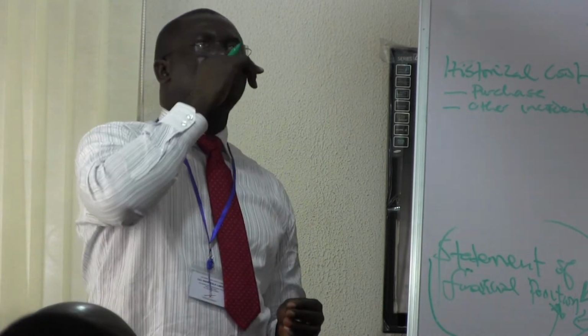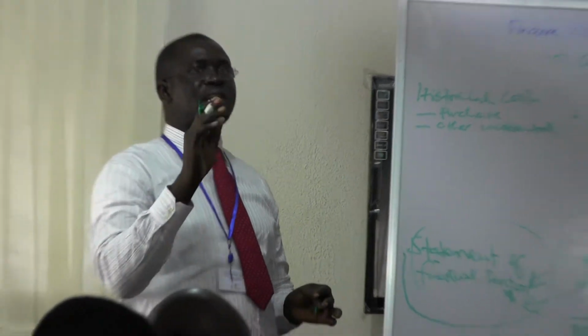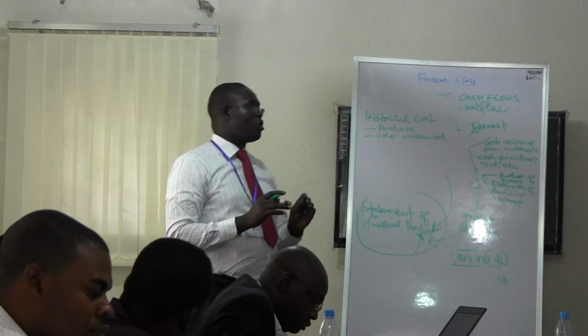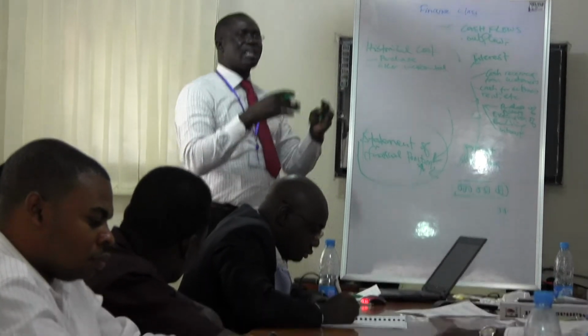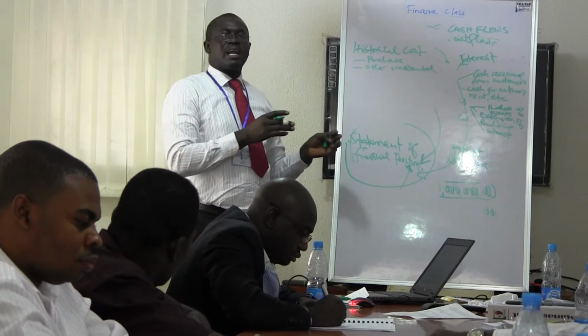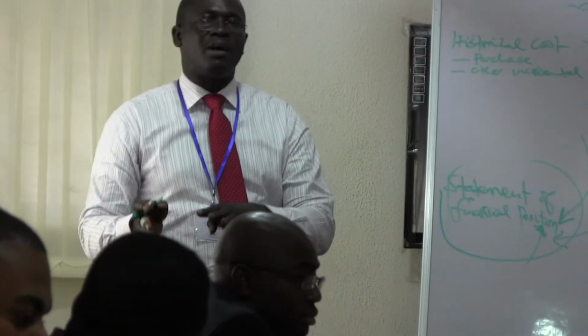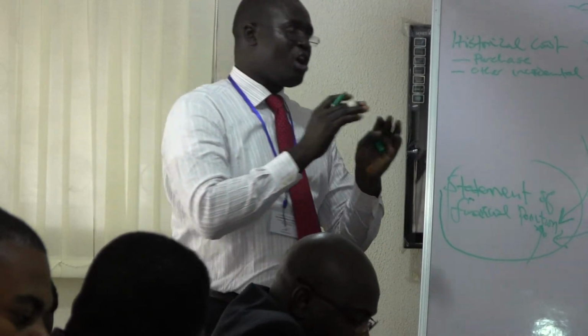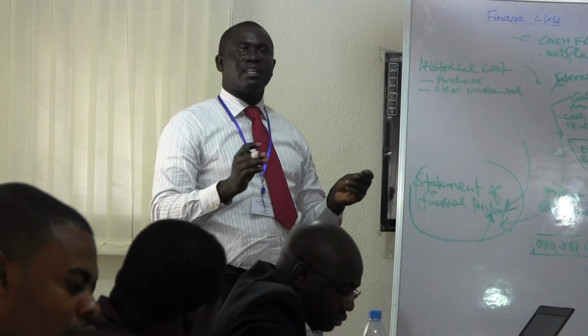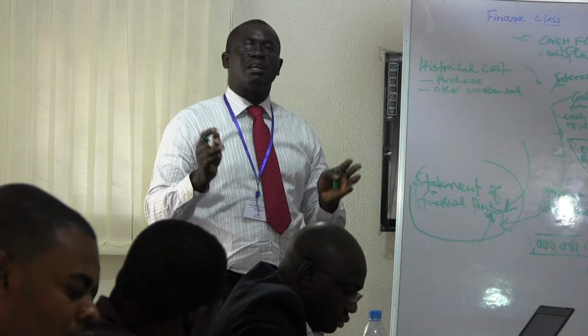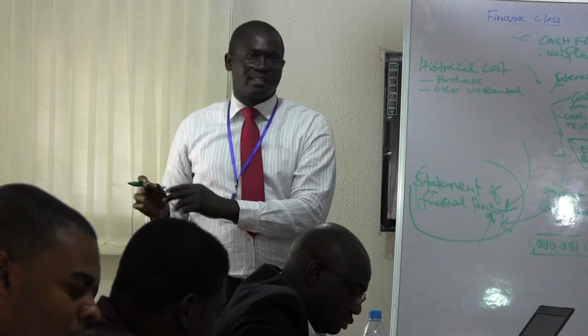Now, let's say, for example, for us to claim capital allowance. What capital allowance means is that for the taxman, rather than give us depreciation, they will not. They say they will give you capital allowance. The law has rates that are applied on capital allowance for each asset class.